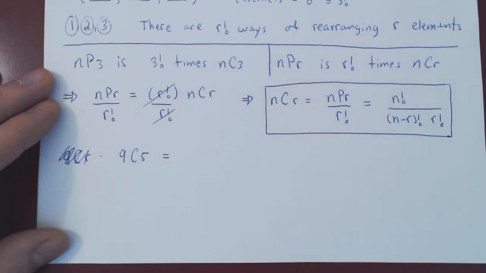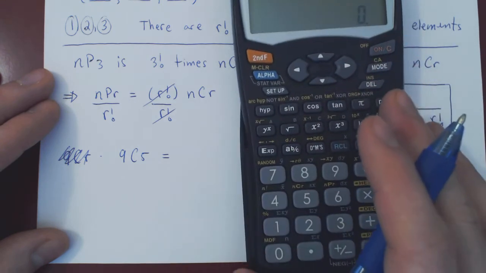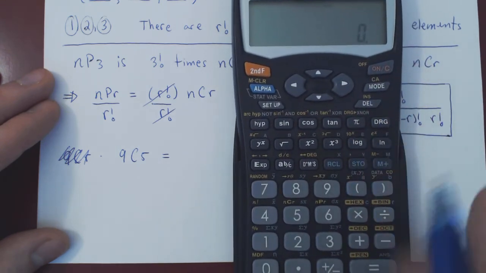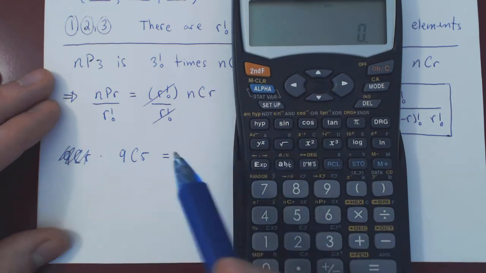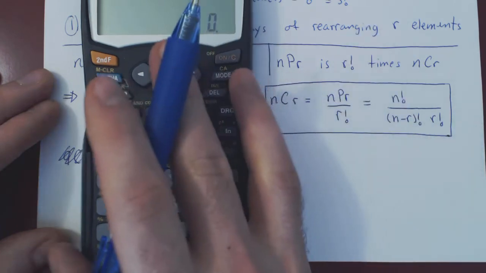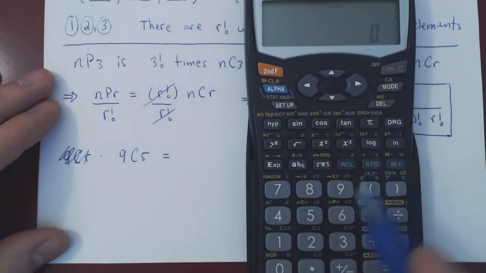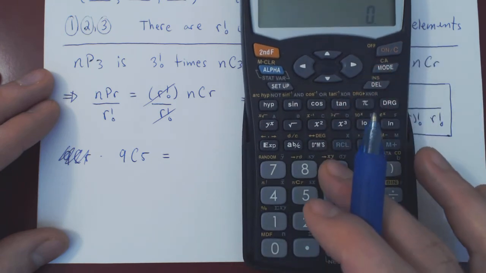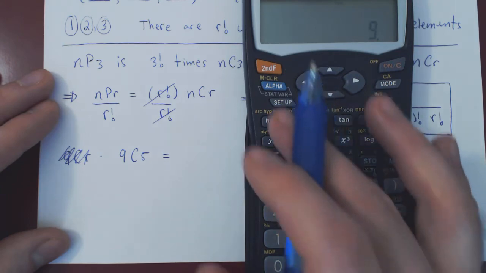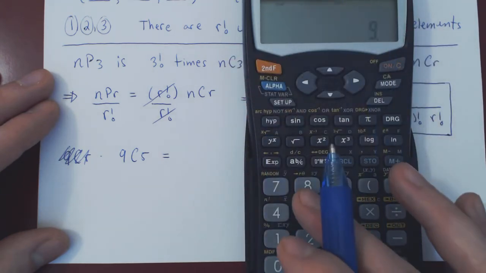Well, let's use the shortcut key in our calculator first. So again, here's a standard sharp calculator, and you'll see that the NCR shortcut key is above 5, NCR. So here we're saying 9, so press 9. The NCR is above the key of 5, so you have to use the second function, 5.